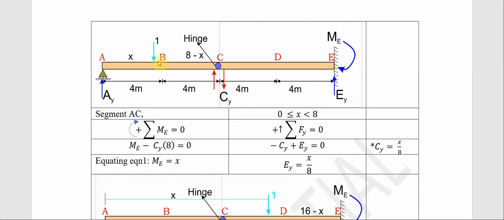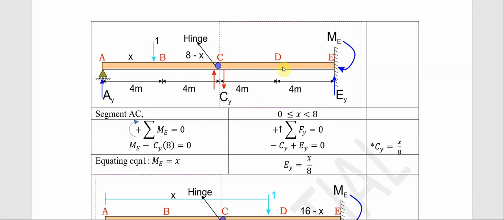Now taking that into consideration, we move to the second point, which is introducing our point load at this point, and also looking at this other side. When we do this, we want to take moment about point E. Taking moment about point E, as I explained the other time, we are going to neglect the other side of the hinge. If you look at this side, there's no force along this side, only this particular force.